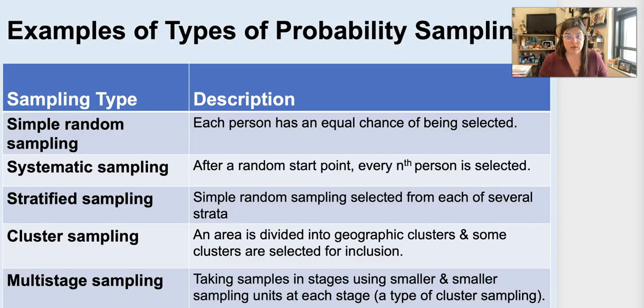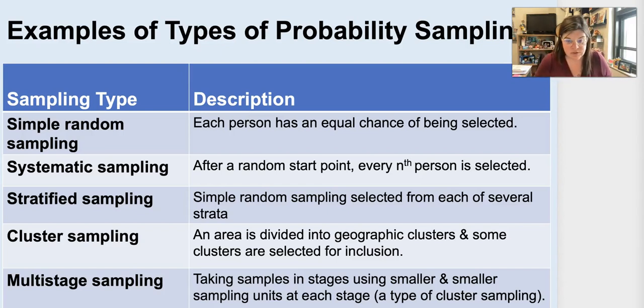So this is for probability. We can do simple random sampling, where each person has an equal chance of being selected. We can do systematic sampling, where maybe we alphabetize everybody and say every third person is going to be selected. We can do stratified, where we have specifically pulled out that this person is part of this group and this person is part of this group, and very systematically pulled out that we need these people from these groups.